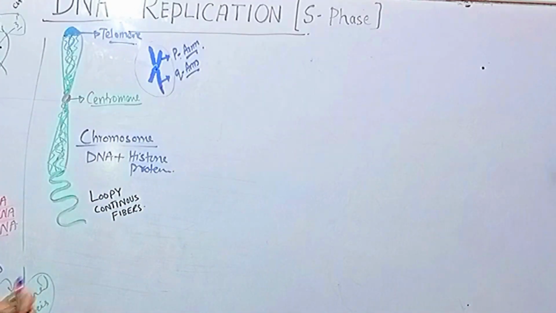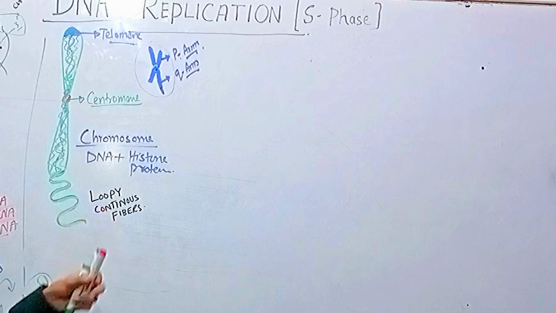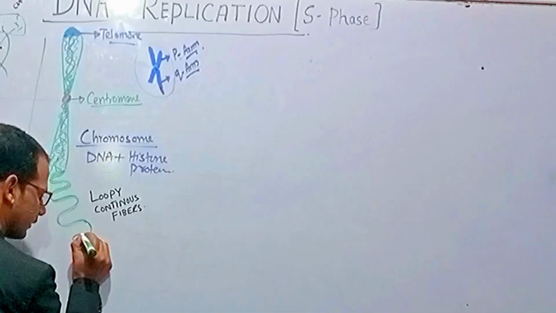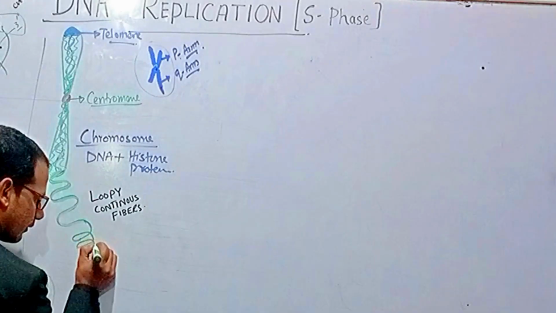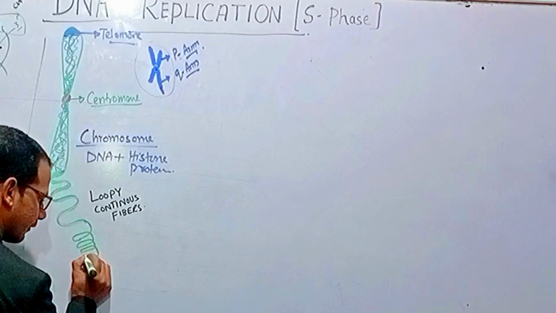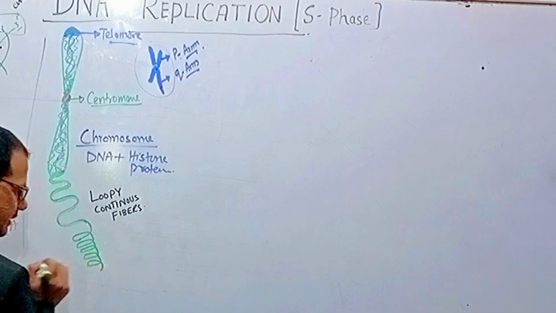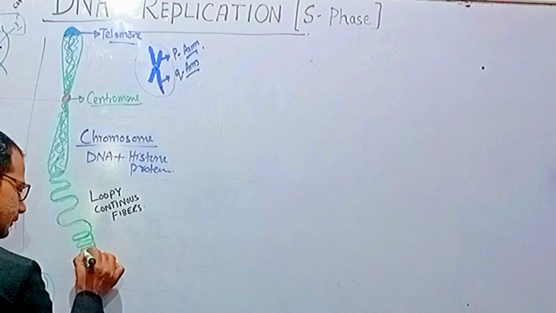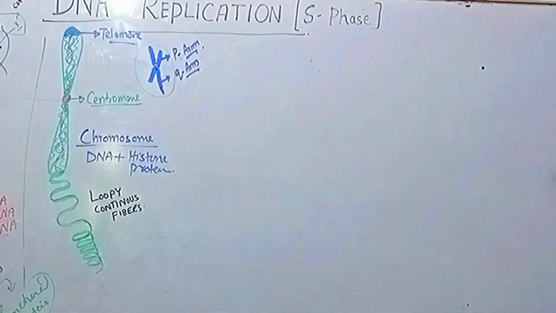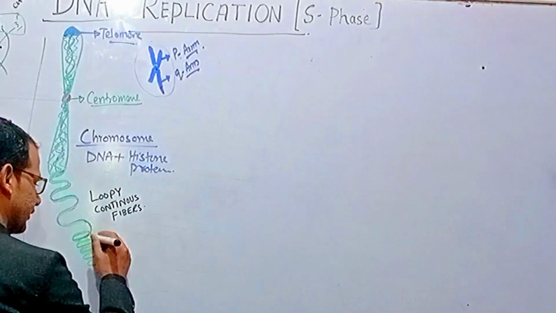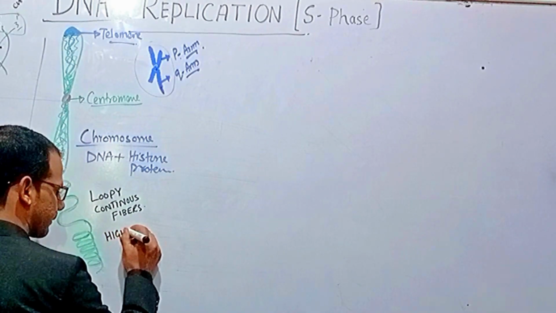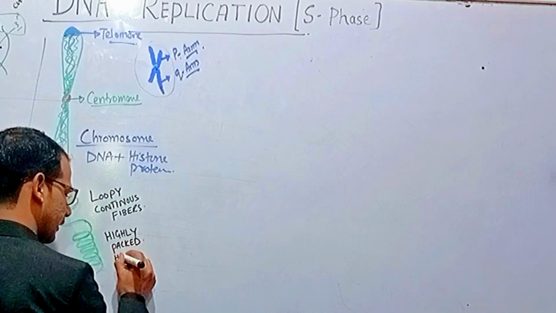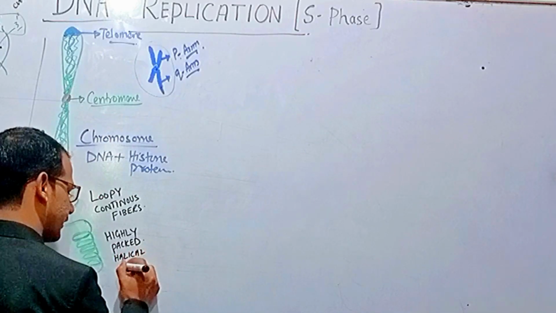But when we zoom into these loopy continuous fibers, we will see that these fibers are tightly packed, like this. These are called highly packed helical fibers.